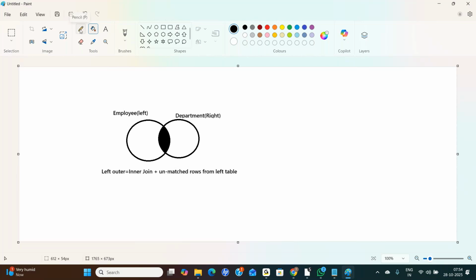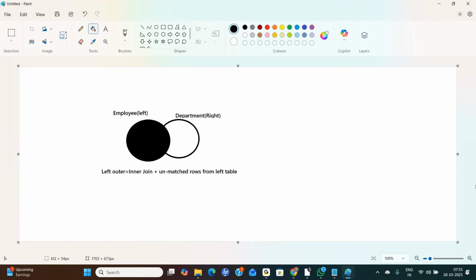And the next, remember, from the left table you have some white space, that is called unmatched rows from the left table. Now, is it getting all the records from the left table?